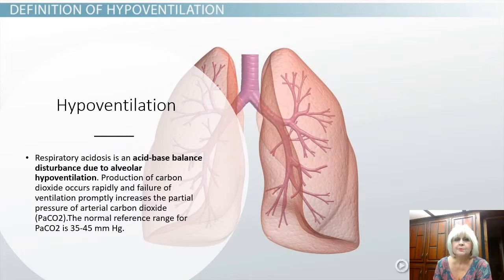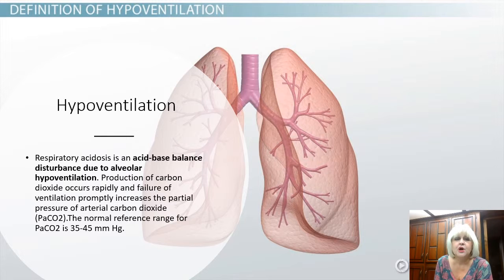We have another term to look at, which is hypoventilation. Looking into this on a deeper physiological level, respiratory acidosis is the acid-base balance disturbance due to alveolar hypoventilation. And remember, that's in the sacs in the lungs.